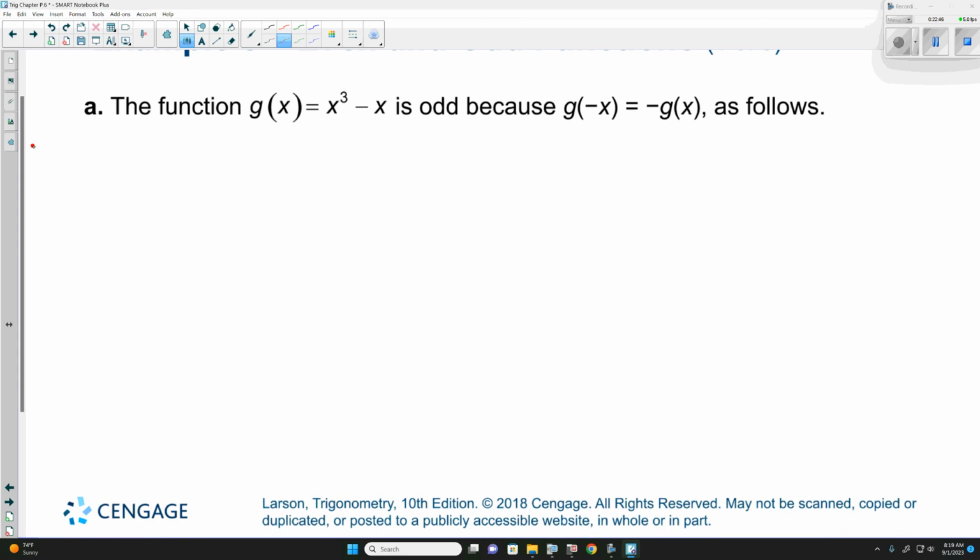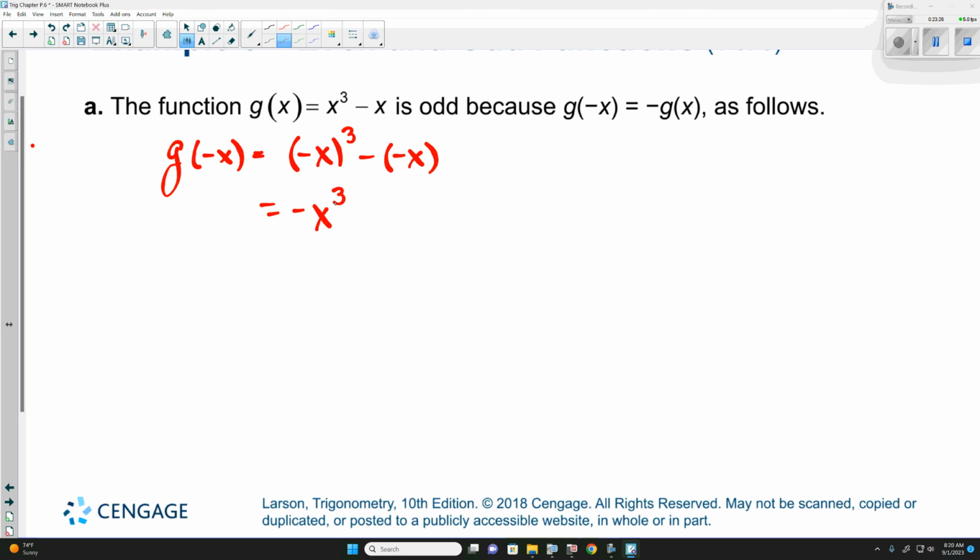Well, let's look at an example of this. The function g of x equals x cubed minus x is odd. To test this and check, the first thing we do is find out what g of negative x is. And to do this, in every x, we're going to replace it with negative x. Now, negative x to the third: anything to an odd power, well, negative x times negative x is positive x squared, times negative x is back to negative x, to the third.